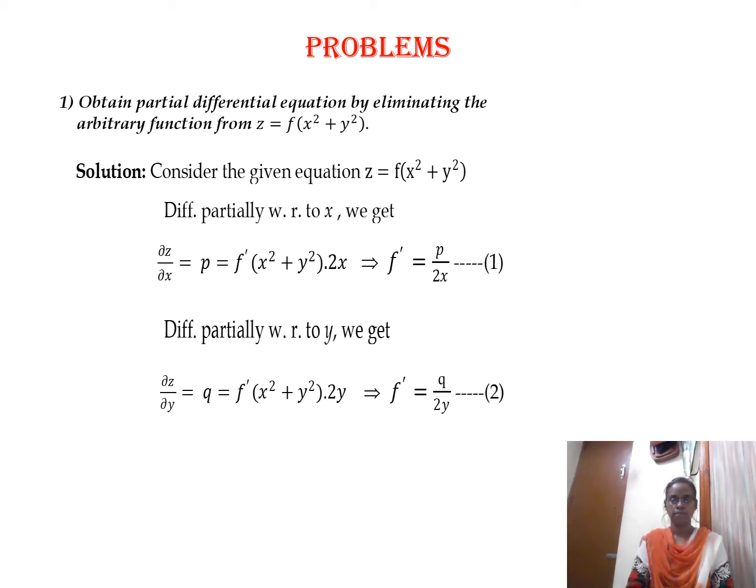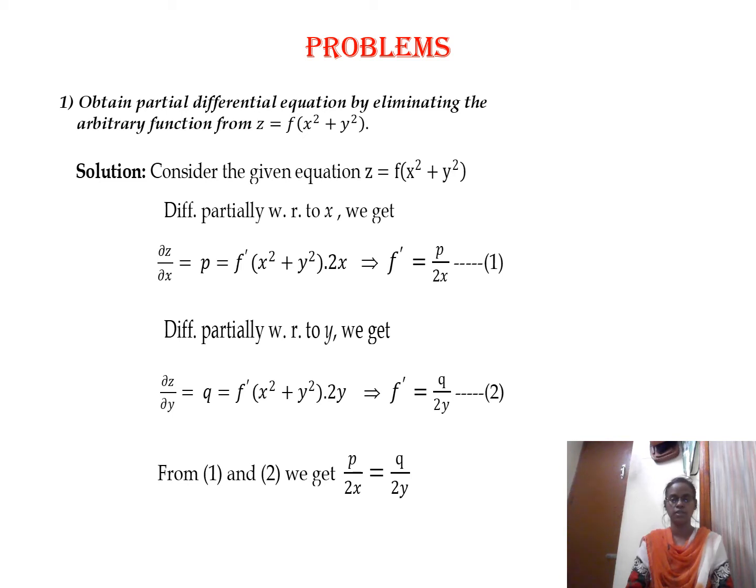What do you get? Both are the values of f dash. So we can equate these two. When we equate these two, we get p by 2x is equal to q by 2y. Look at this now. Do we have any function involved? No. So we have achieved what we wanted. What is our aim? We need to remove the function.